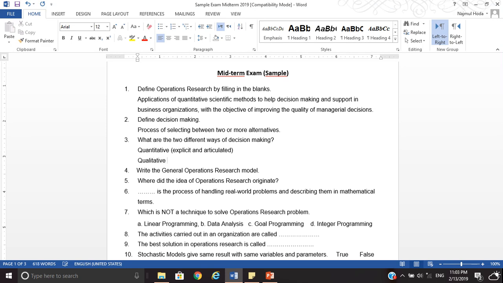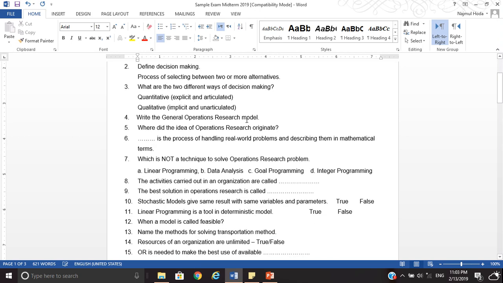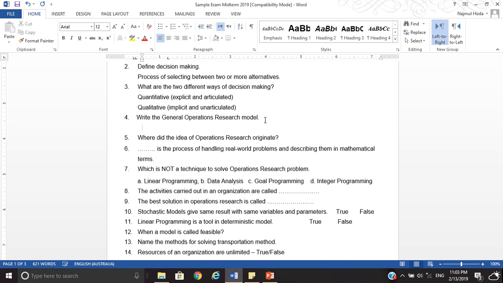And qualitative is the opposite of the quantitative, implicit and unarticulated. Now the general operations research model, as we have learned, is Z max or min, subject to constraints.